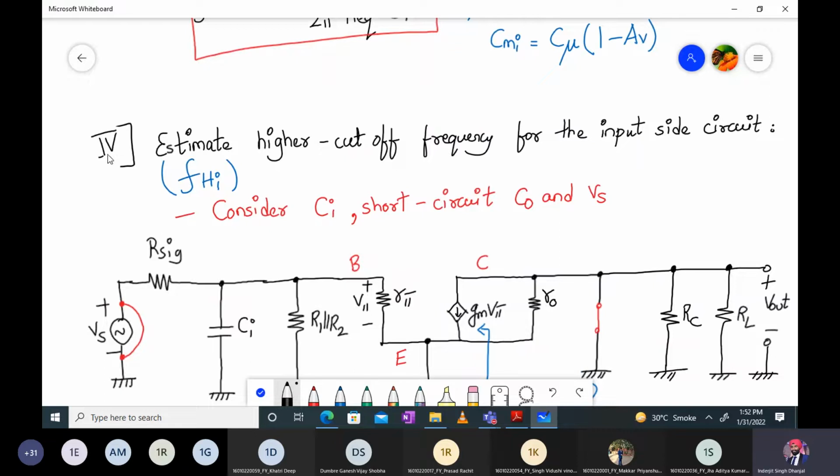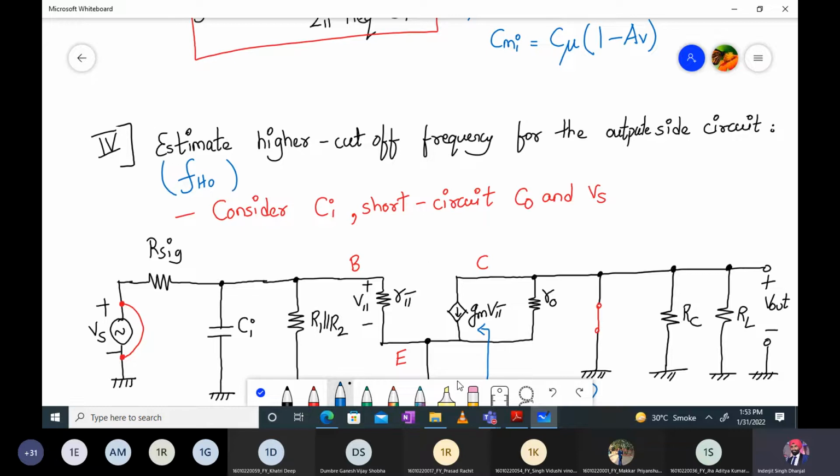And here we are estimating the higher cutoff frequency for the output side circuit. So that means we are determining FHO. Okay.